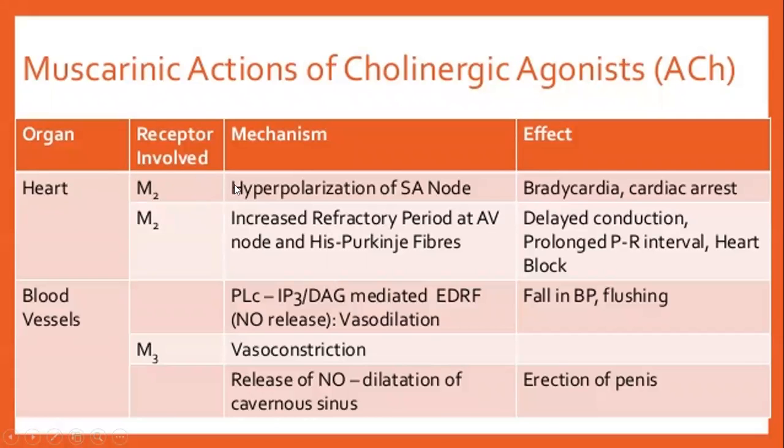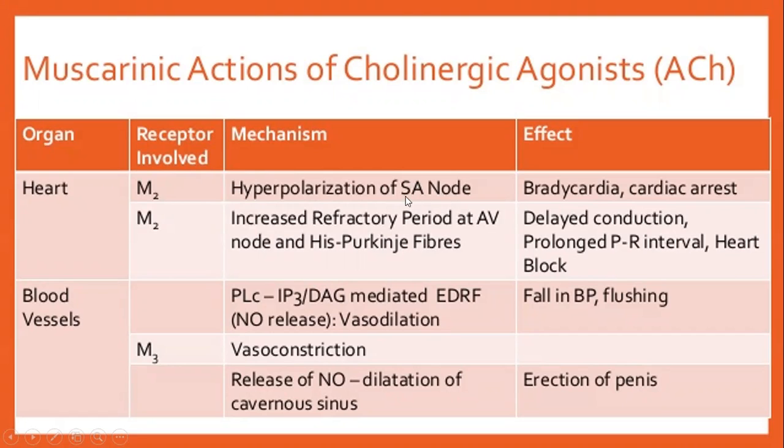So there is a decrease in the production of cyclic AMP and an increase in the activation of potassium channels. The positive charge within the cell decreases because of the high efflux of potassium ions, and the activity of cyclic AMP is also depressed. As a result of these two effects, hyperpolarization of the SA node occurs.